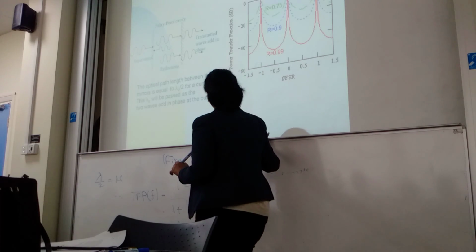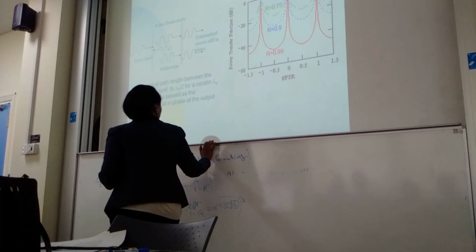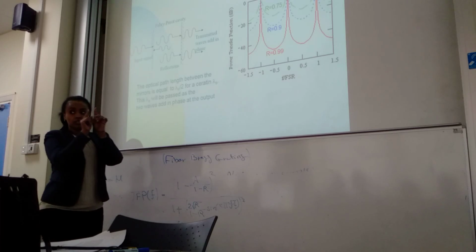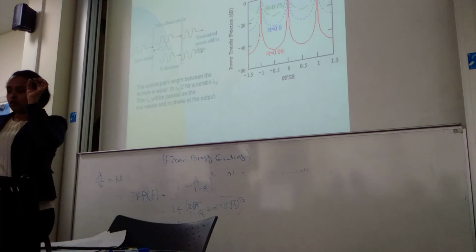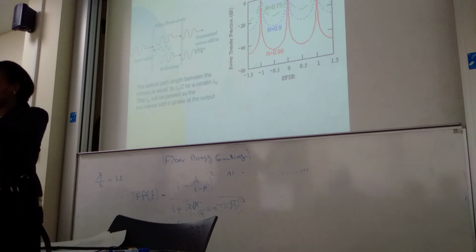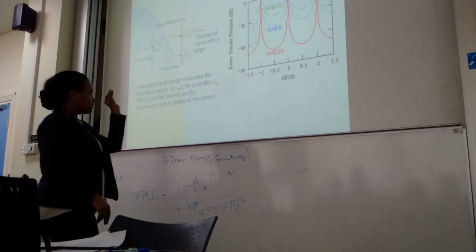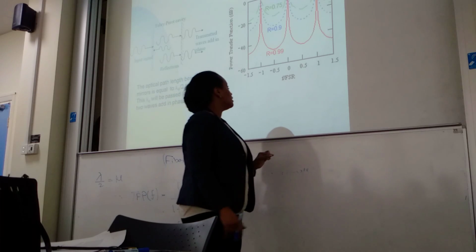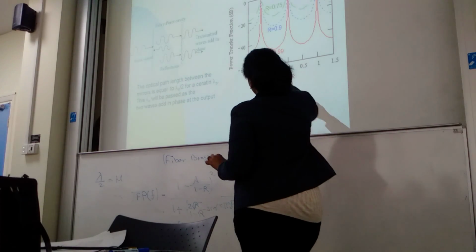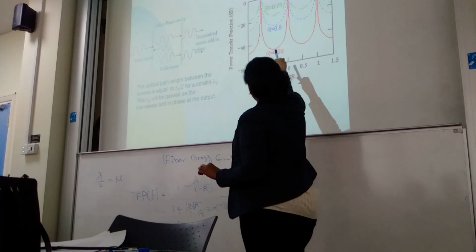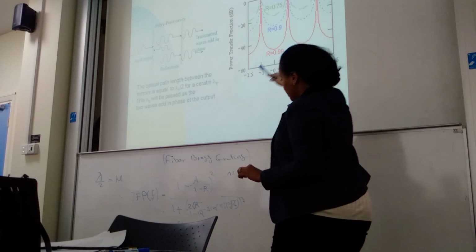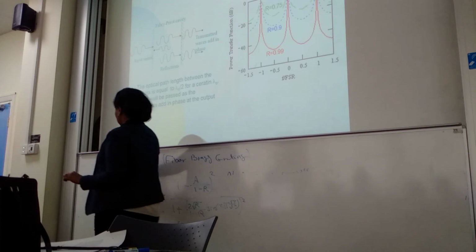And you can see that as the reflectivity increases, we have a narrower band. So we can select a certain wavelength, a narrow band. And you can see that the passbands are periodic for any wavelength that meets this.